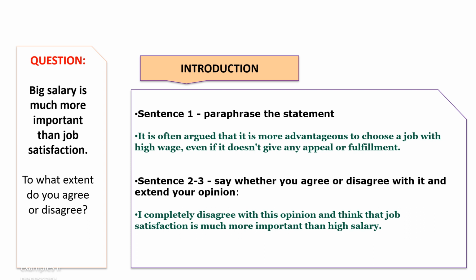If you agree, you say, I completely agree with this opinion and think that big salary is more important than job satisfaction. Did you understand? You can paraphrase the question given. Then in 2 to 3 sentences, you extend your opinion by saying whether you agree or disagree with it.